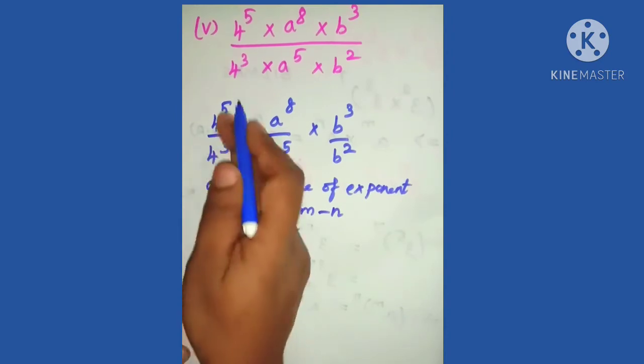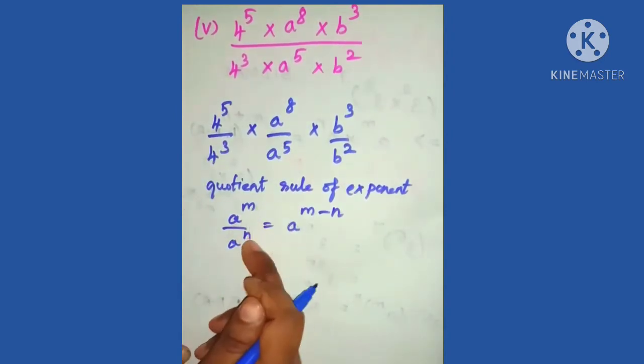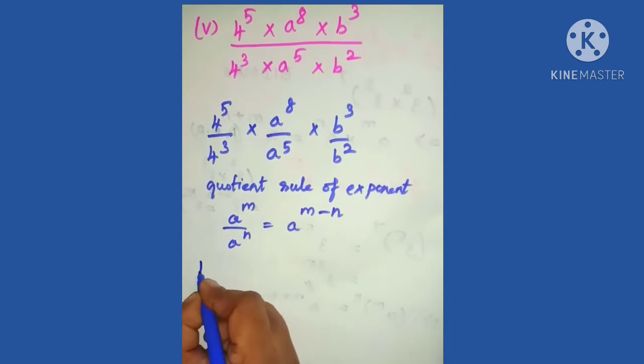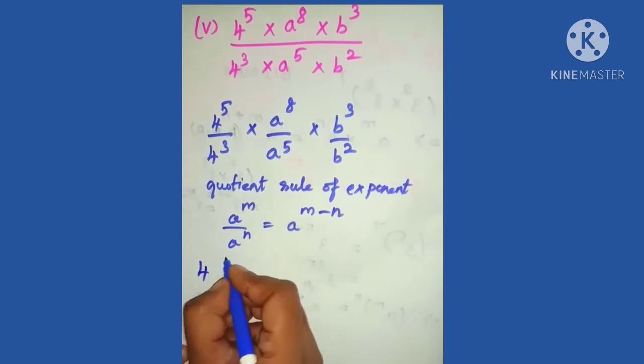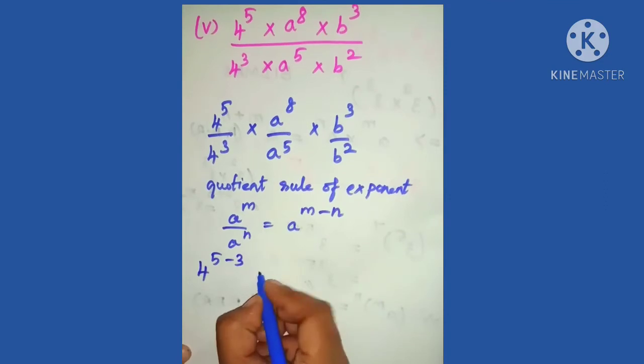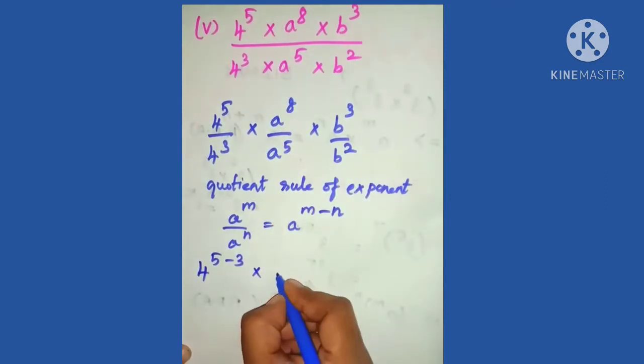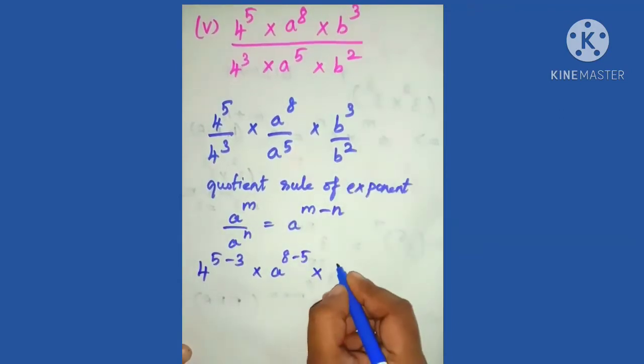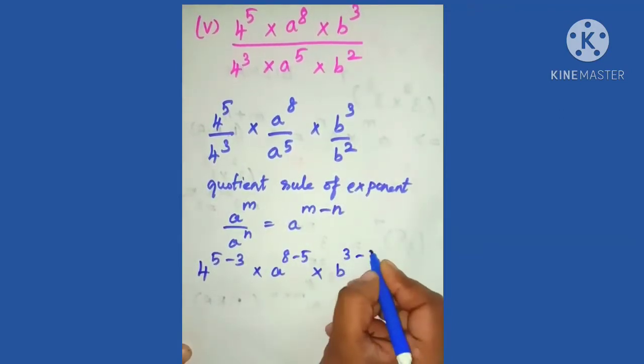So for the first expression it is also of the form a power m by a power n. We can write it as 4 power 5 minus 3 into, for the second one, a power 8 minus 5 into, for the third one, b power 3 minus 2.